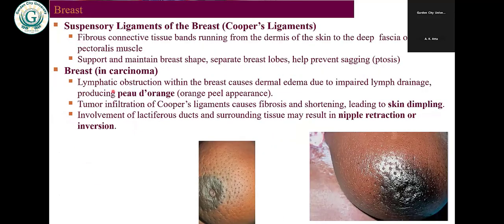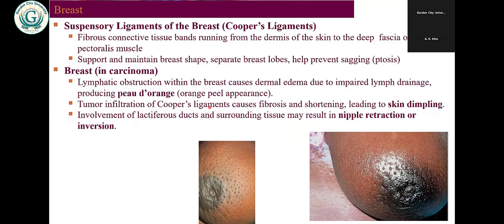Now let me say something here about two diagnostic signs if there is breast cancer. With the Cooper's ligaments, when there's a cancer, the tumor can infiltrate the Cooper's ligaments.